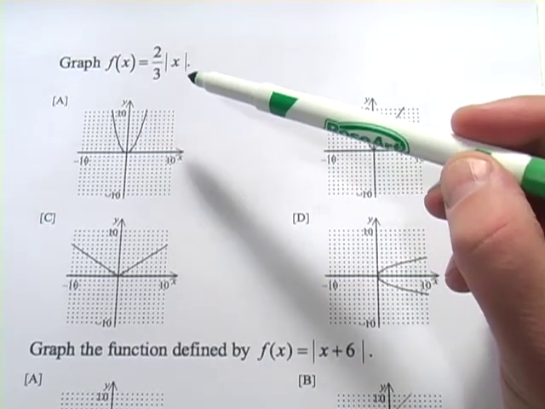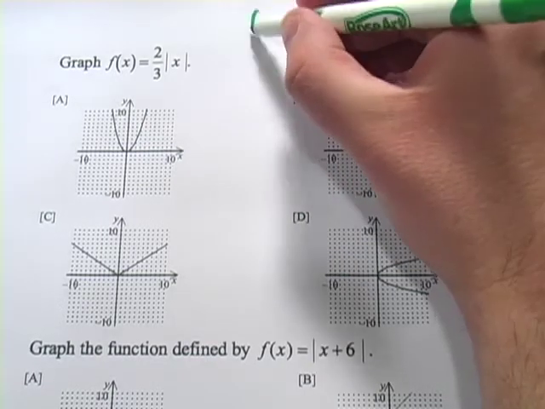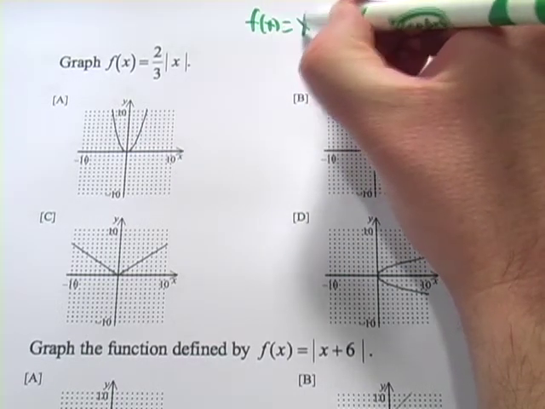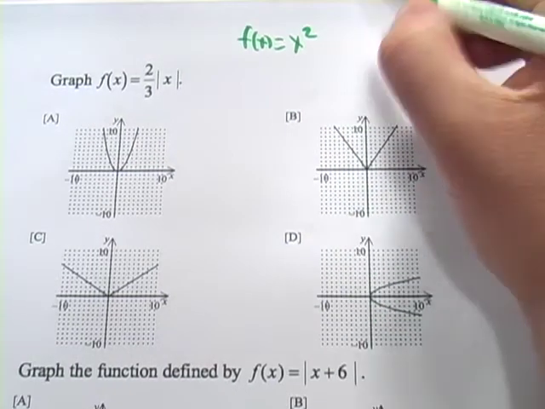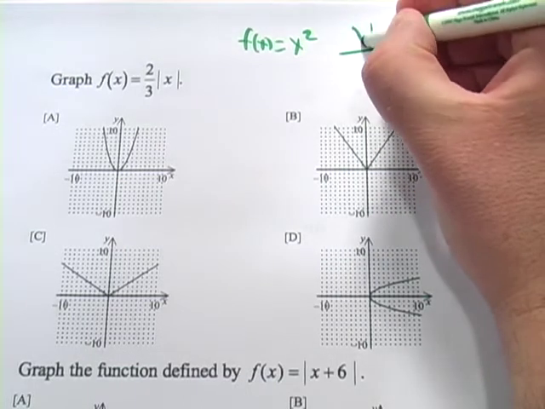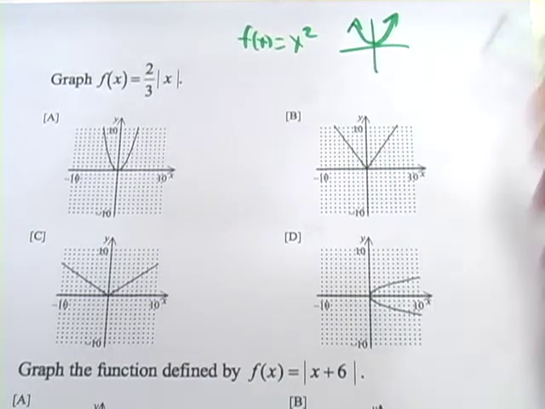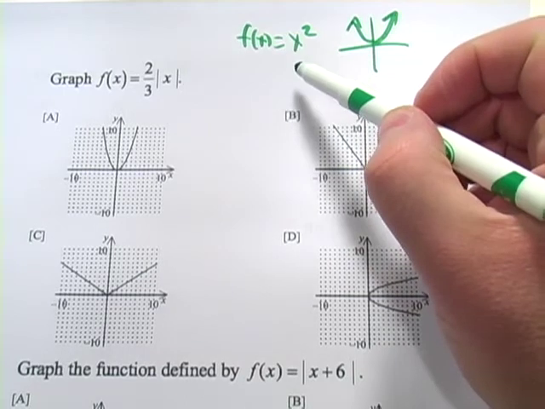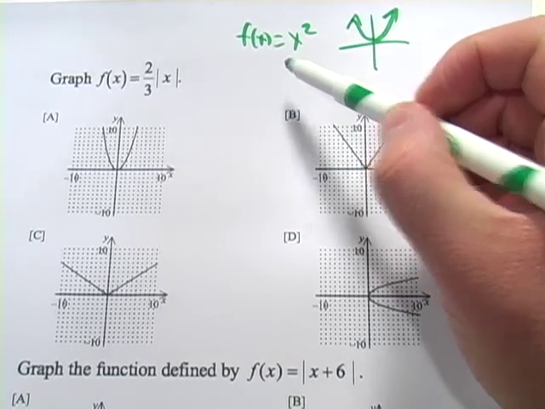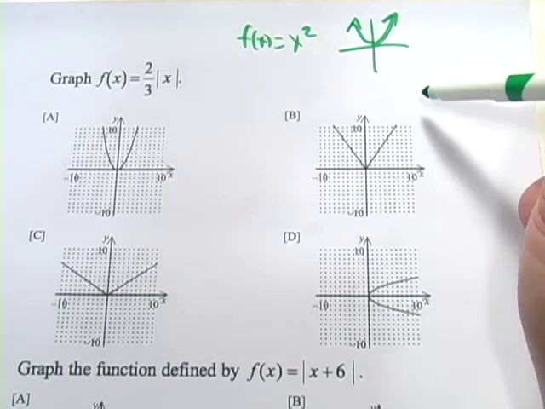This first one says f of x equals 2/3 of the absolute value of x. Let's actually start with f of x equals x squared, because that may be more familiar to you. That, of course, is a parabola, and the basic shape looks like that. When you multiply that by a constant, if the constant is negative, it flips that upside down.